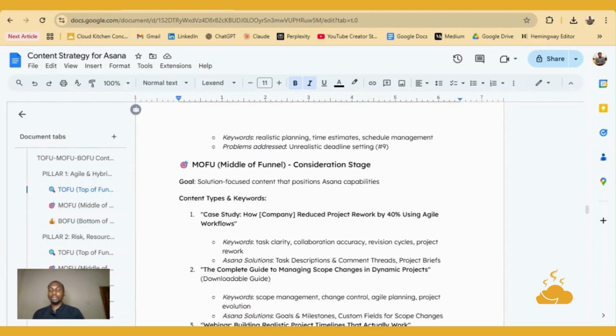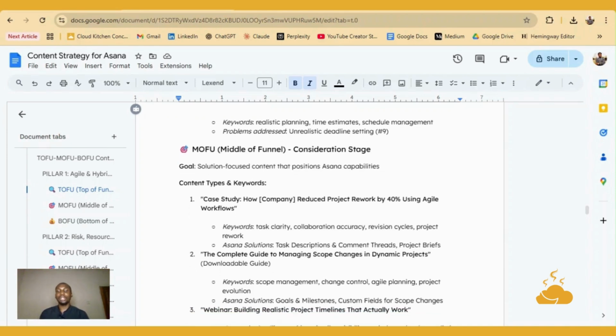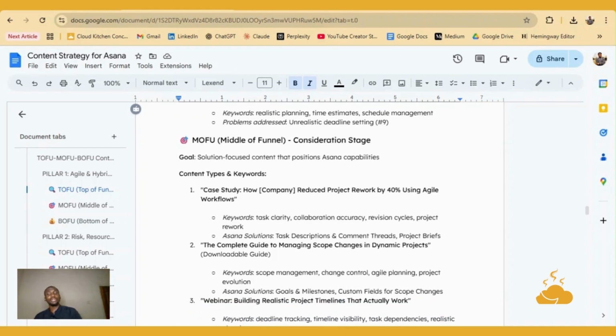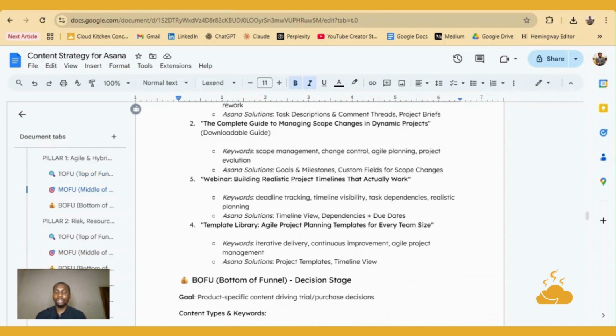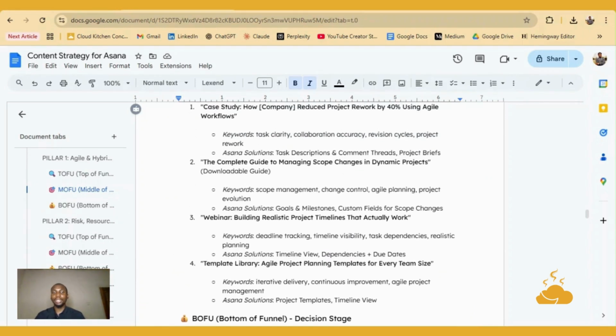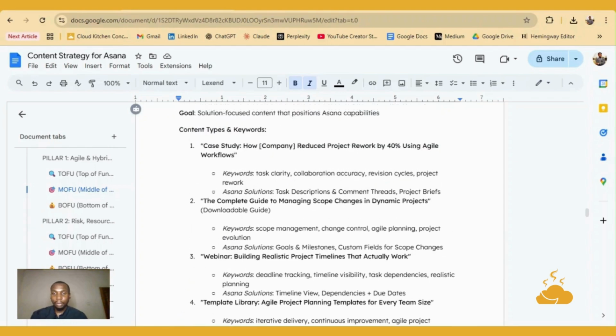Then MOFU is middle of funnel, consideration stage, solution-focused content that positions Asana's capability, right? So case studies, like how a company reduced product rework by 40% using Asana workflow. So now you're showing yourself as a solution provider, as a brand to be considered, right?